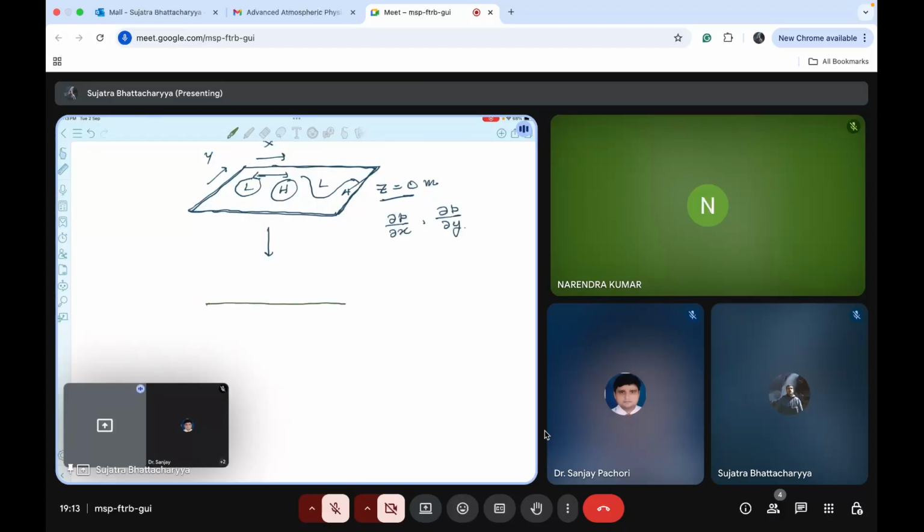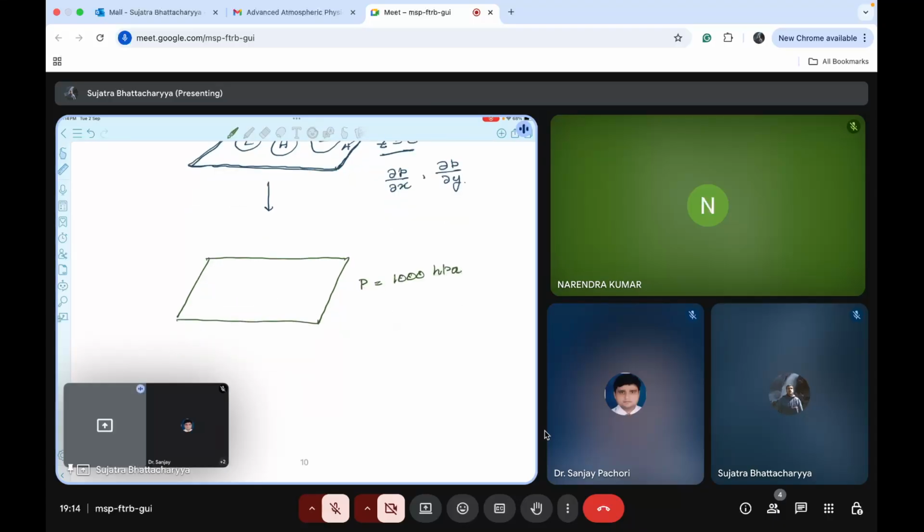Now my surface will be of constant pressure. So let us say this is p is equal to some 1000 hectopascal. Okay. Now we will have geopotential lines. These are phi lines. Phi 1, phi 2, whatever.